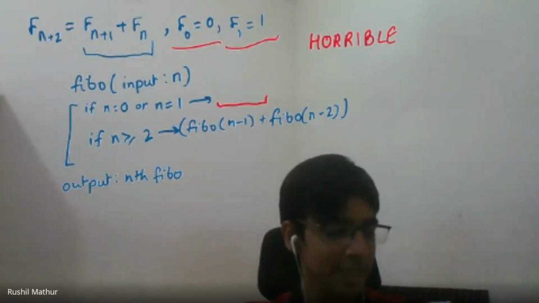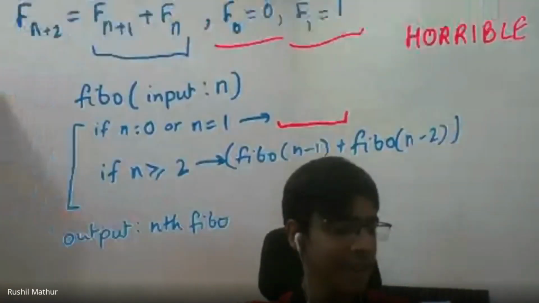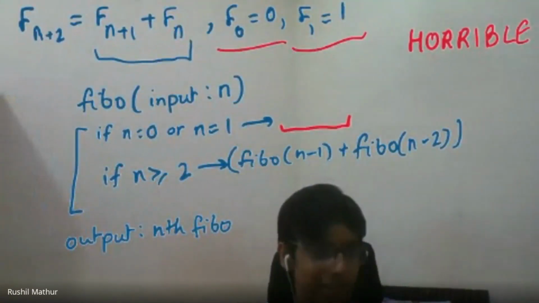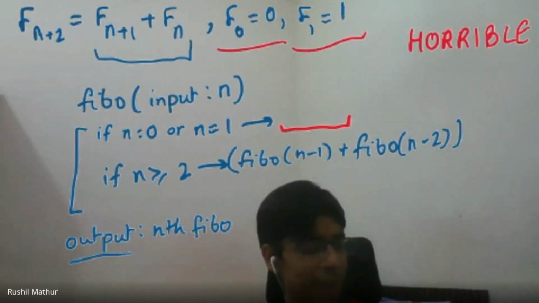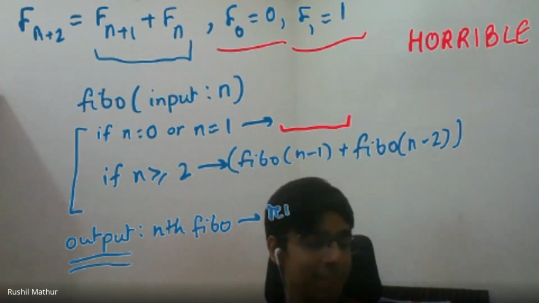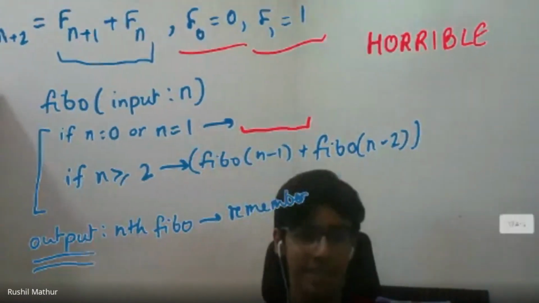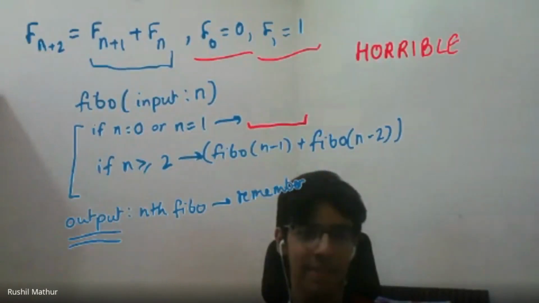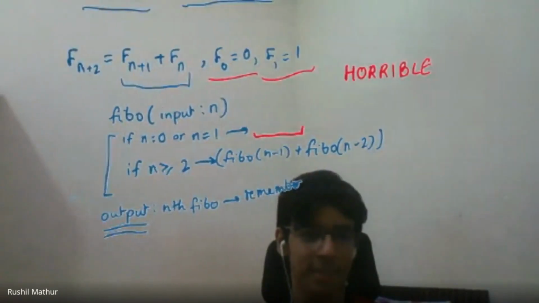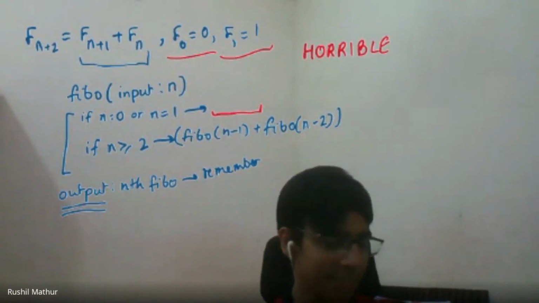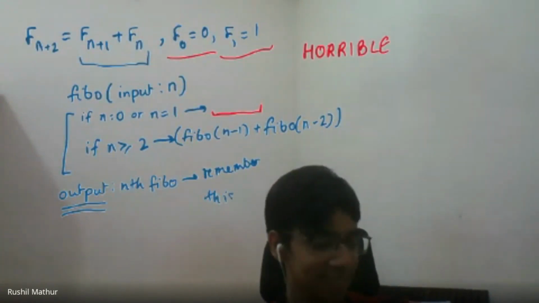So what you can do is, when you're outputting it at this point, you also say, remember this value. How will you remember it?